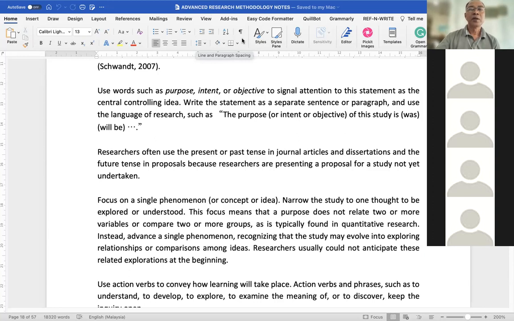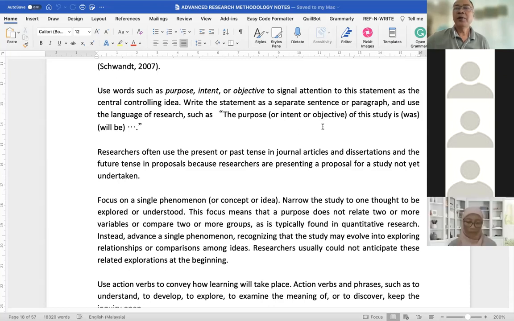So for writing the research questions and objectives of a qualitative study, usually the idea is quite broad at the beginning because the researchers do not have any prior theory or theoretical framework.